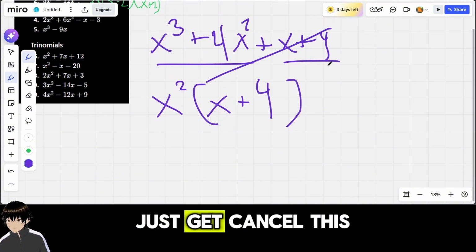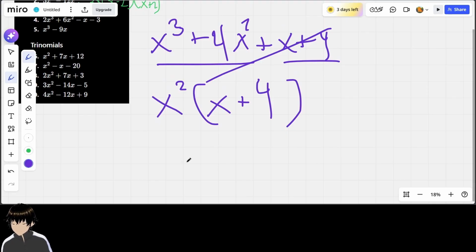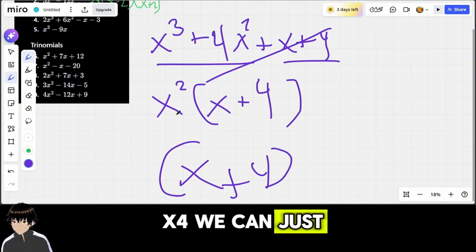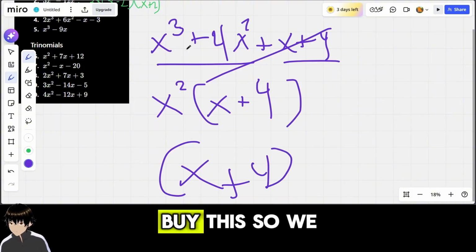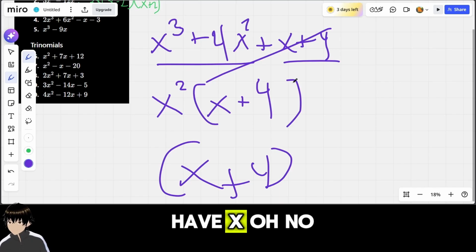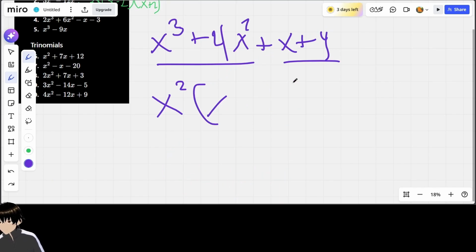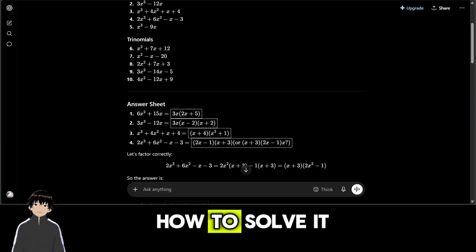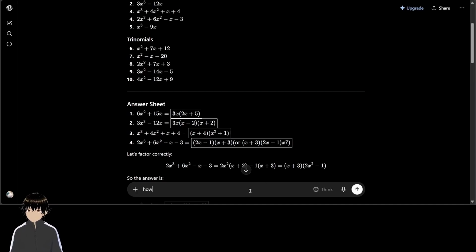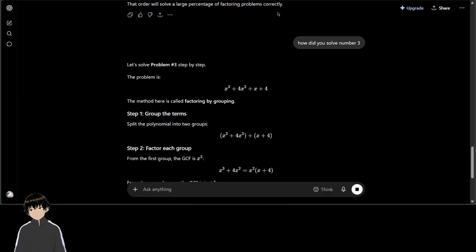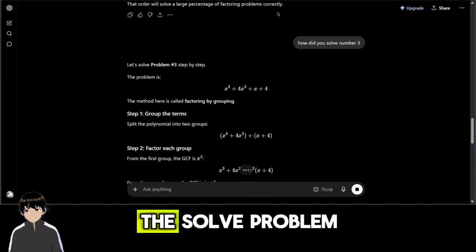We can just cancel this, and then since we already have x plus 4, we can just divide this, so we have x. Oh no. Let me just see how they solved it. Let's solve the problem.